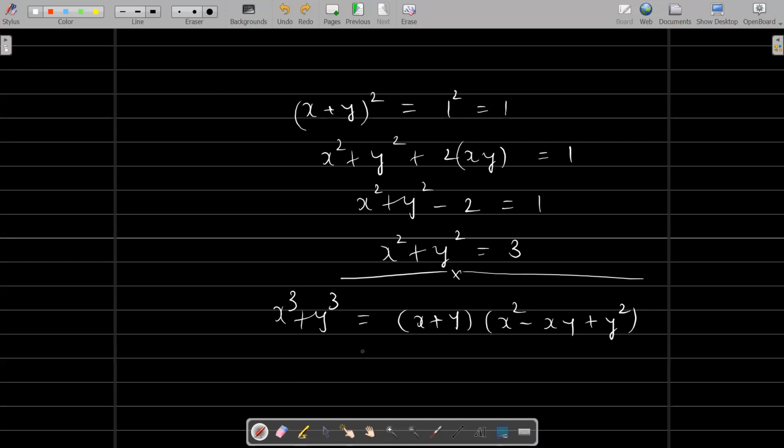Yes, so this is (x plus y) into ((x plus y) squared minus 3xy). x plus y is 1, so shall I replace this by 1? Yes, sir. So x cube plus y cube, which is 4, equals (x plus y) the whole squared minus 3xy.